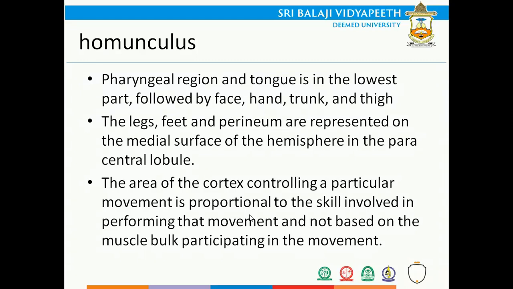But if you compare the knee, the sole, the lower limb, and the genital organs, they are smaller because the amount of skilled sensory and motor function is less, and their entire sensory motor control is less when compared to the muscles of the face, the pharyngeal muscles, laryngeal muscles, tongue and so on. That's why in the homunculus the size is based upon the skill involved and not the muscle size or the muscle bulk of the organ.